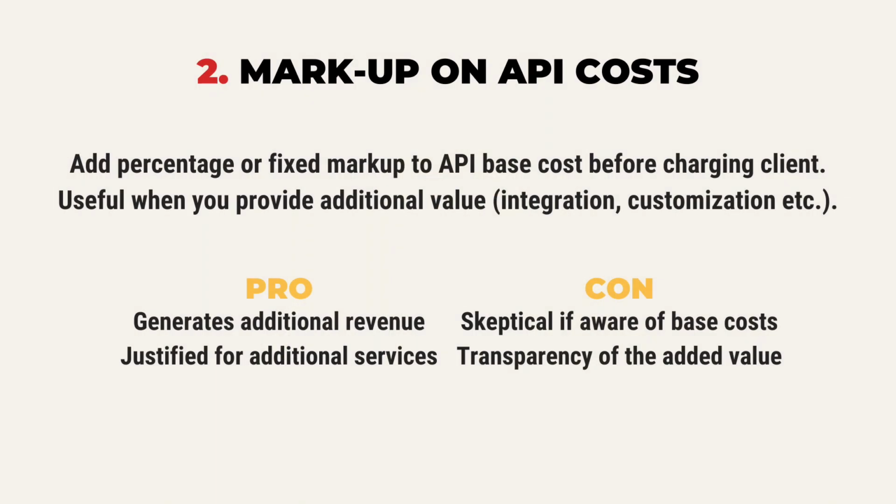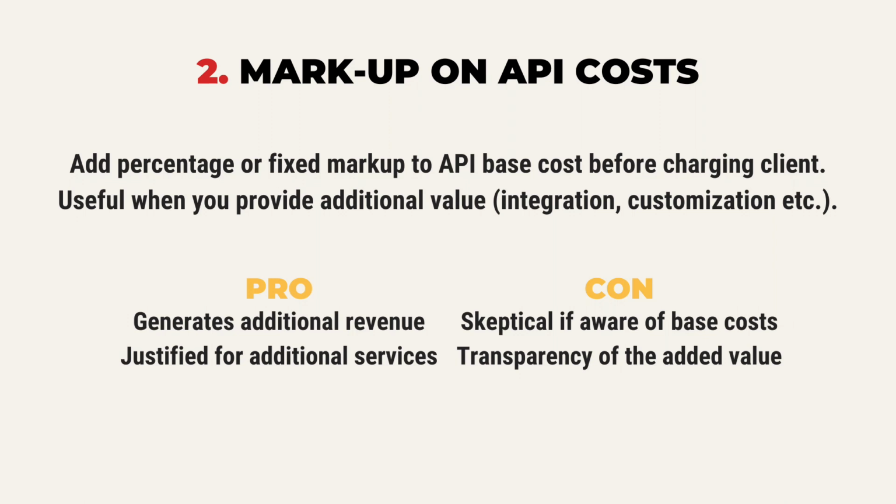Now, the second way you can handle API costs is to add a markup on those API costs, which basically means that you add a percentage or a fixed markup to the base costs of the API before charging the client. This is useful when you provide additional value, like integration, customization, or ongoing support.